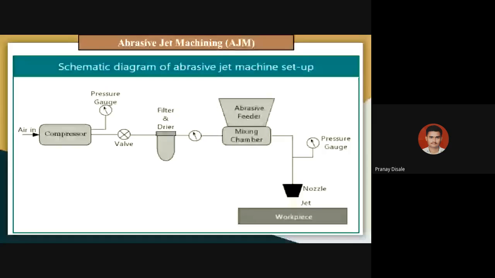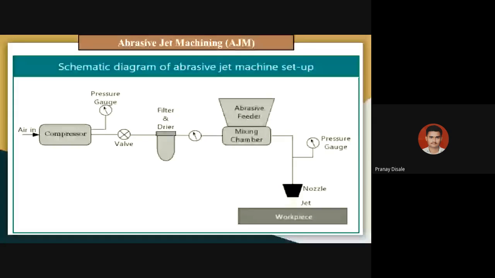Due to that, material removal will happen. Now here, one basic thing is that the nozzle will maintain the appropriate stand-off distance or angle also. It is the distance between the tip of the nozzle and the top surface of the workpiece. Okay, so here material removal will happen due to the kinetic energy of the high velocity abrasive jet.